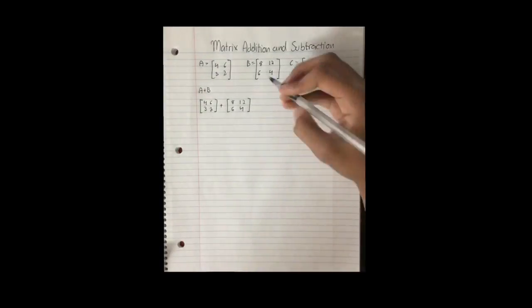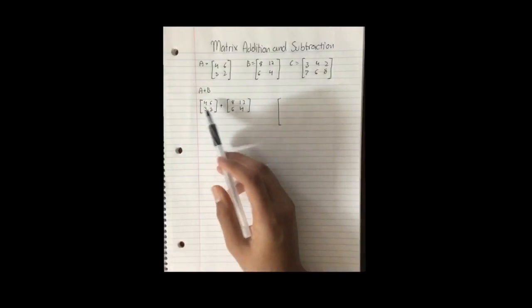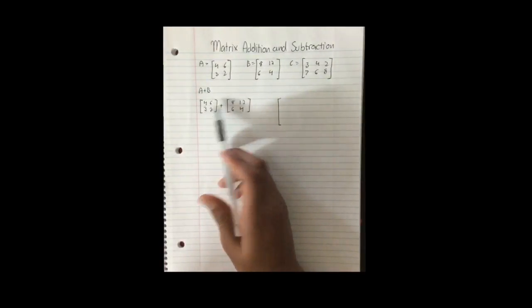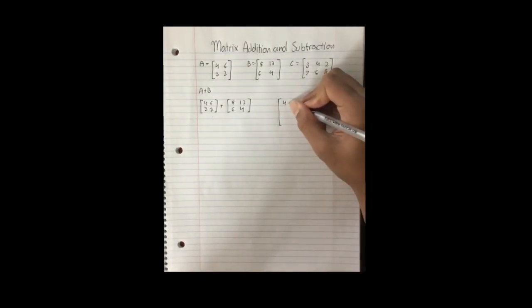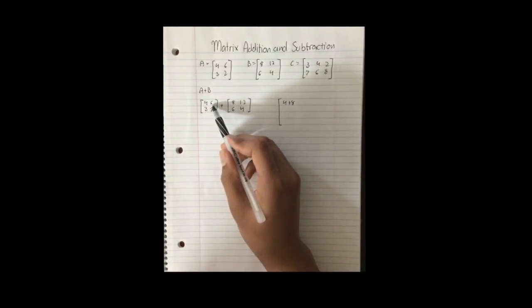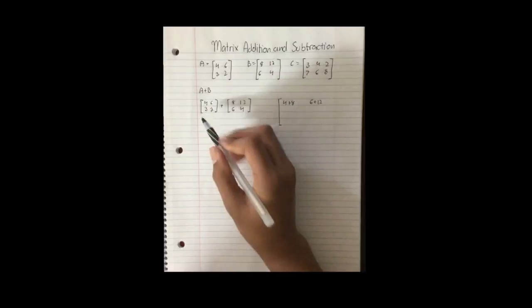I'm going to make a separate matrix here just so I can simplify. The first thing I'm going to do is add both the value number 1s together, so it'll be 4 plus 8. Then over here, I'm going to add both the value 2s together, so it'll be 6 plus 12, and you basically just do the same thing for each.